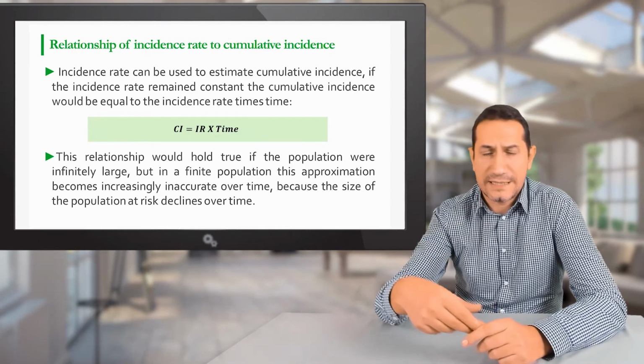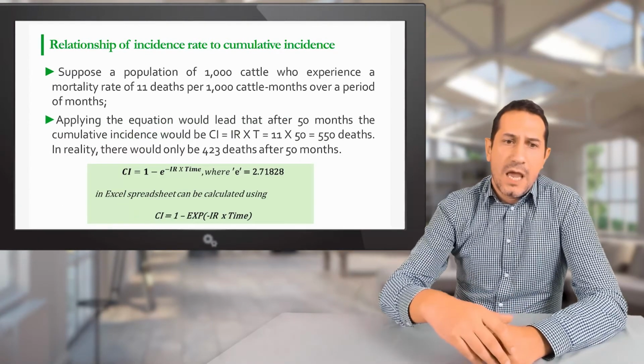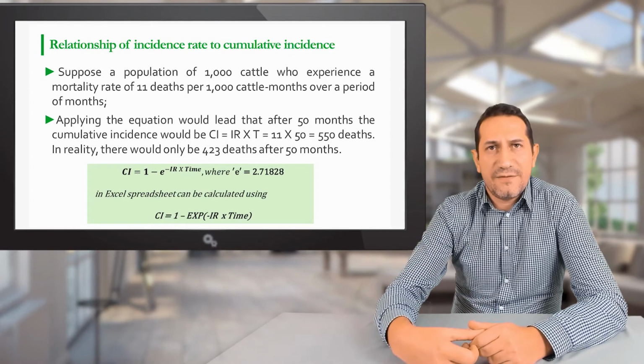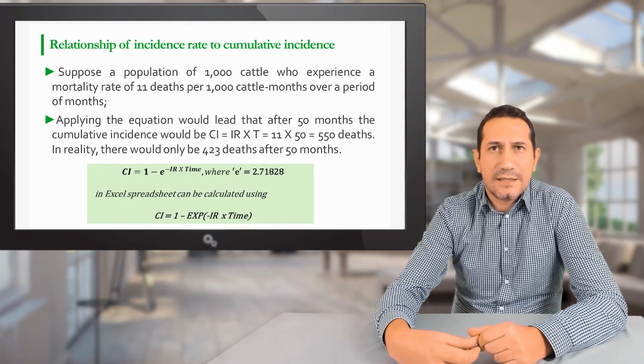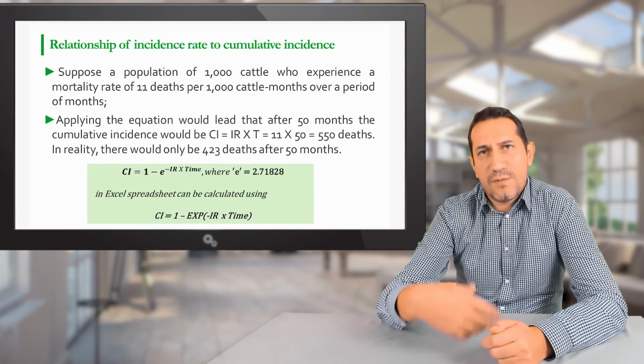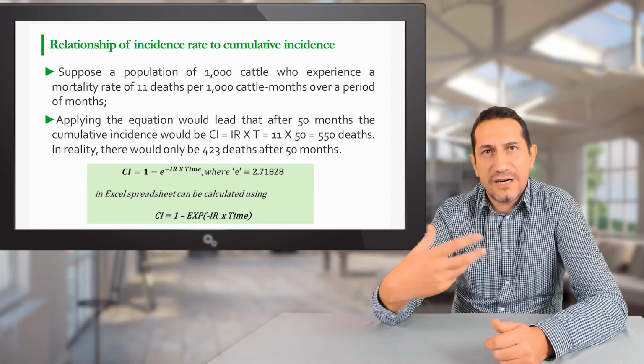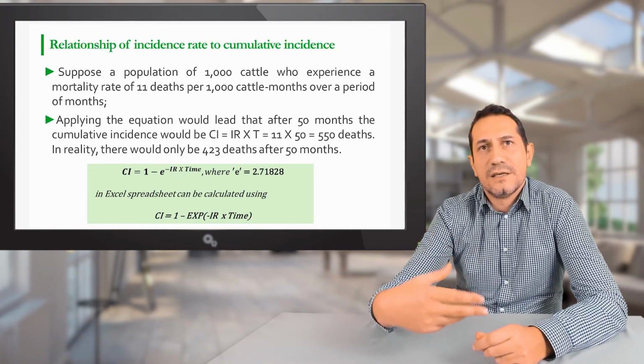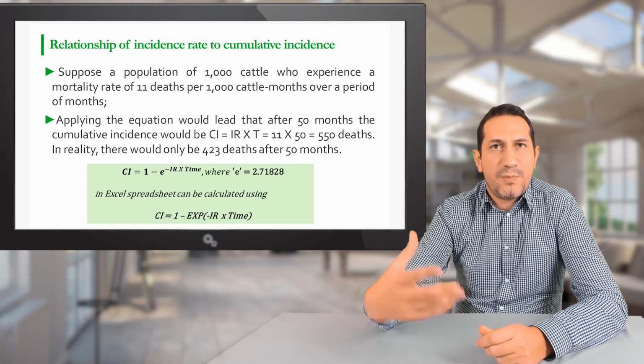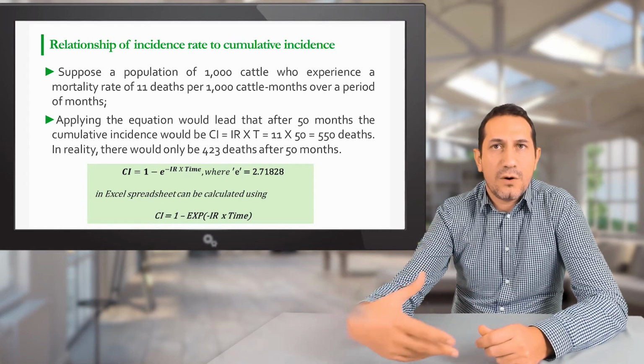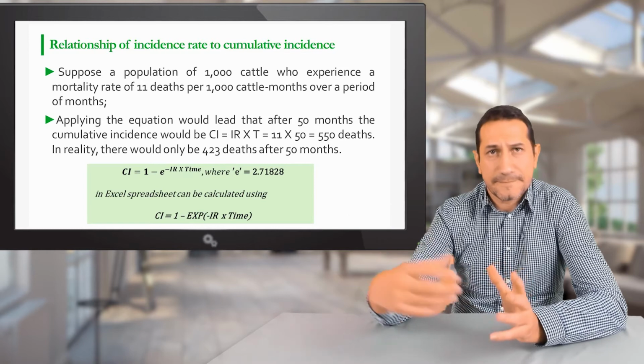that in an example. Let's suppose that we have a population of 1,000 cattle, from which 11 cattle die per 1,000 cattle-months over a period of months.